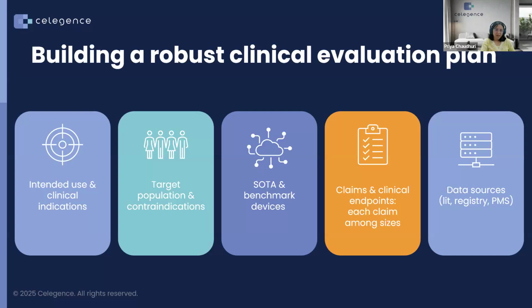Now coming to the claims and clinical endpoints, every claim that we make must be clinically justified, and here's the key. If we sell implants, let's say in 8 mm, 10 mm, and various lengths, each must be covered, especially if their behavior could vary. And we should also define what success means.